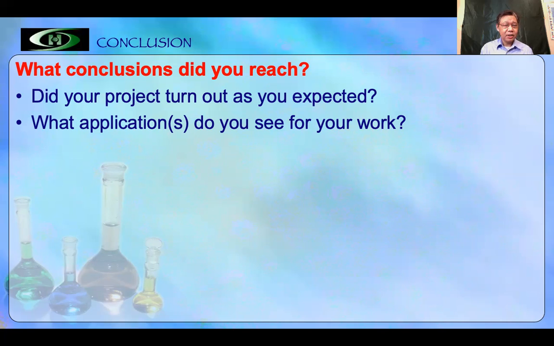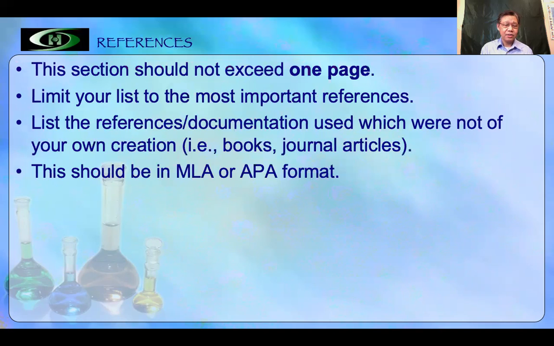Then you can state what your possible applications are, what the extension researches are going to be, what's in store in the future for this particular project, where you are going to take it next. After that, of course, you have to have your references. This is something that's common in all researches. One page, but it has to be the most relevant ones that need to be cited here, and they have to be in proper MLA or APA format.